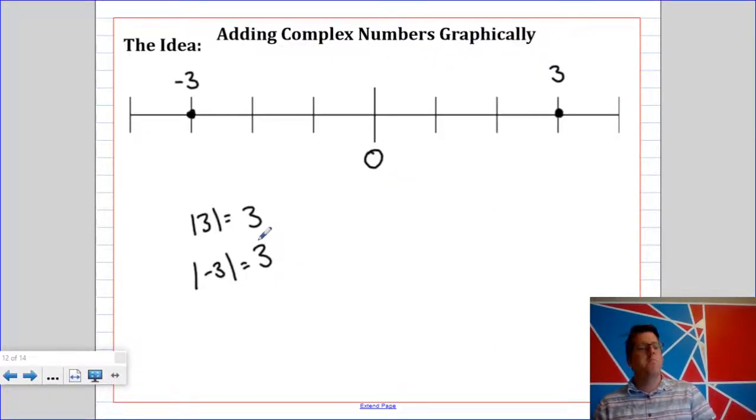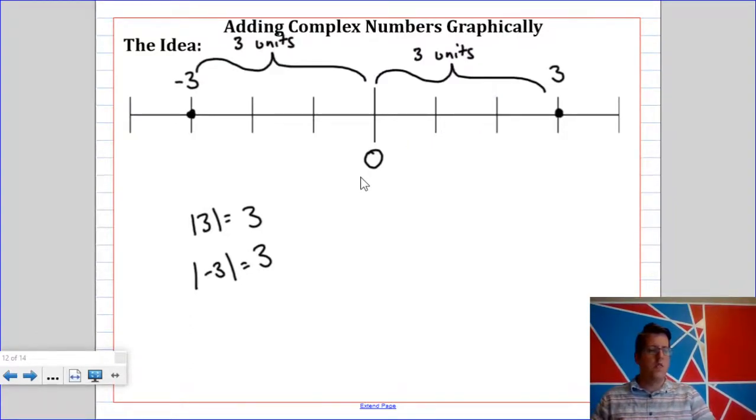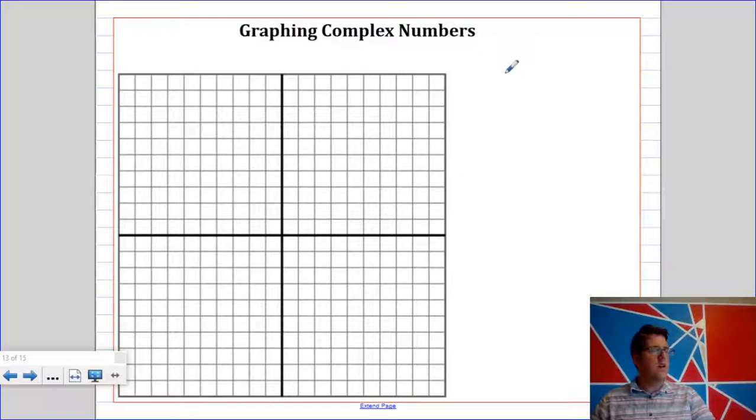So when you talk about the magnitude of a real number, that's called the absolute value. It's how far is that number from 0. For both positive 3 and negative 3, those are 3 units from 0, so they both have an absolute value of 3. Now, if instead I ask you what numbers are 3 units away from 0 on the complex plane, well, you would still say 3 and negative 3.